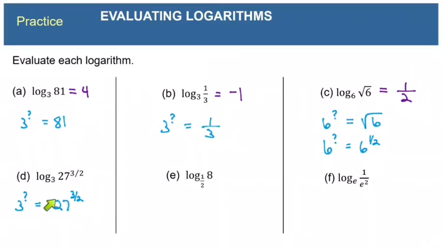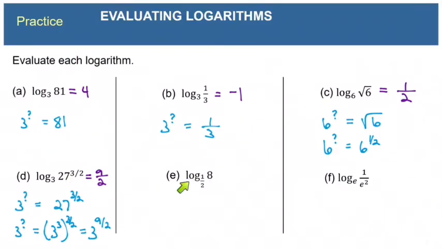So let's write this 27 as 3 to the 3rd. And we know that our power rule says we can multiply these exponents together. So we see that 3 to the power we're looking for is 3 to the 9/2. So the power we're looking for is 9/2. So the log base 3 of 27 to the 3/2 is 9/2.